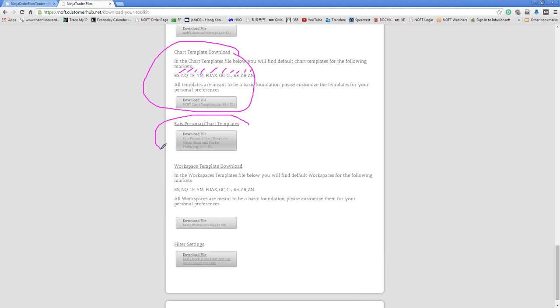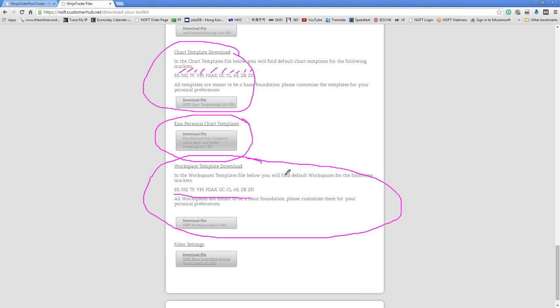If you like Kai's chart templates for the Ghost Eye Block and Market Profile, you also have access to download his templates. For the workspaces, you also have entire workspaces for each market. The templates actually have the settings built into them for each market.